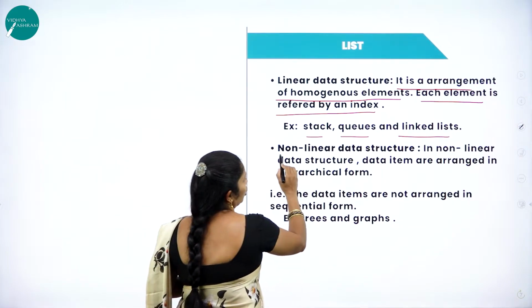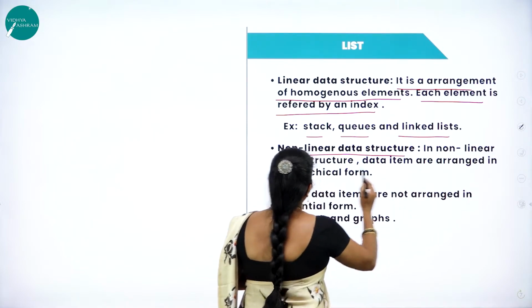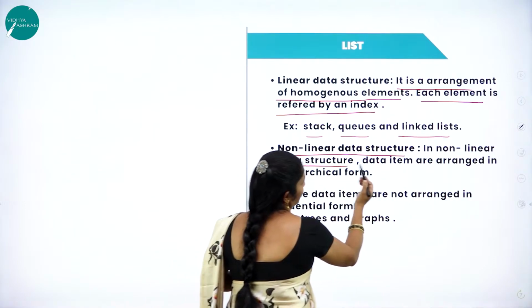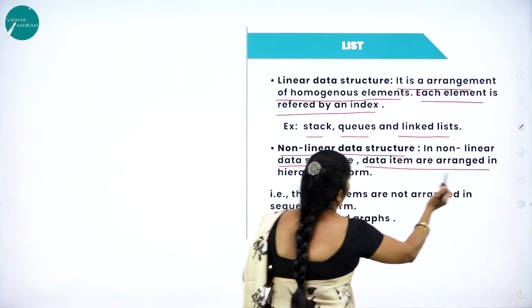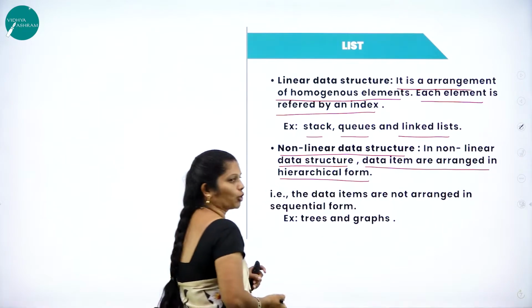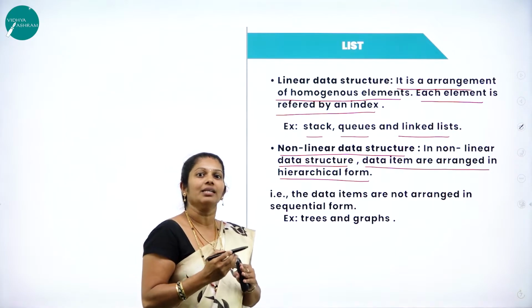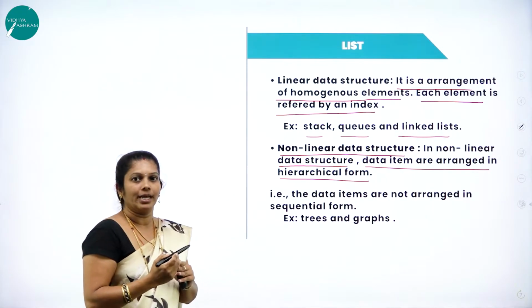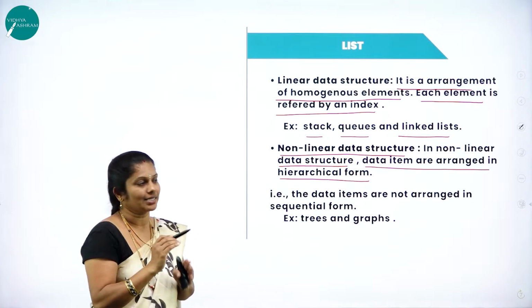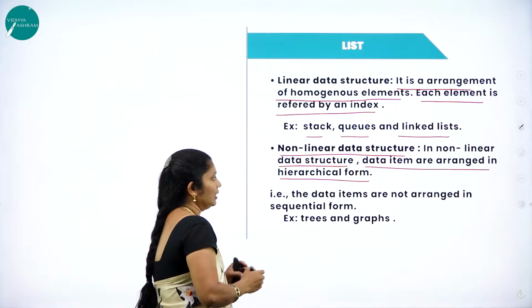But a non-linear data structure is a data structure where data items are arranged in a hierarchical format. Hierarchical means the elements are arranged in a random format, so it is called a non-linear data structure.